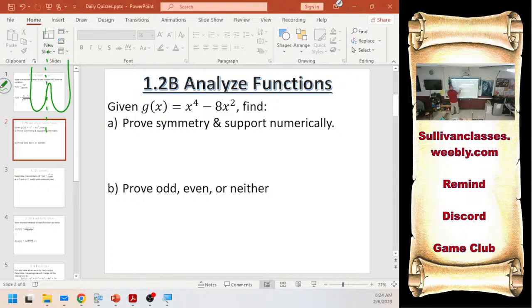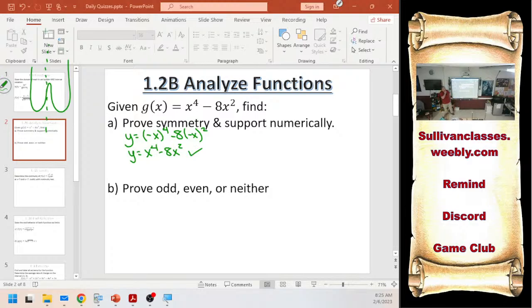I prove something is symmetric to the y-axis by plugging in negative x. If I put in negative x, lo and behold, I get the exact same thing.